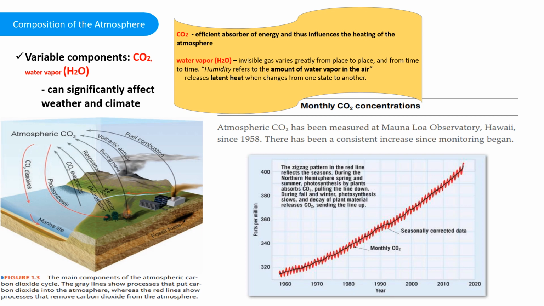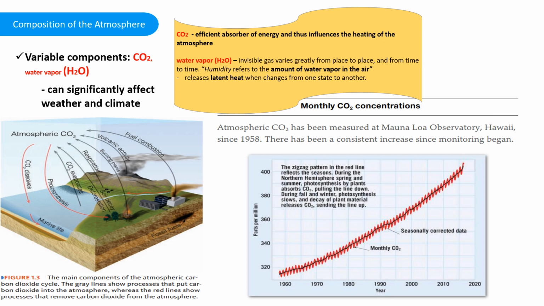And again, water vapor is an extremely important gas in our atmosphere. Not only does it form into both liquid and solid cloud particles that grow in size and fall to the earth as precipitation, but it also releases a large amount of heat. When water changes from one state to another, it absorbs or releases energy, termed latent heat.